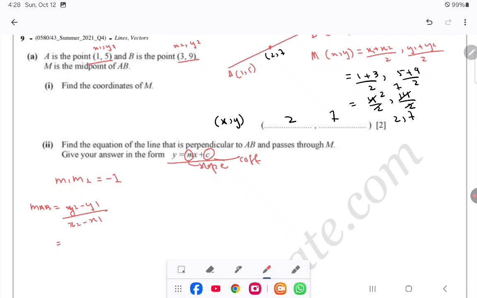Put the values: y2 is 9, y1 is 5, x2 is 3, x1 is 1. 4 over 2. 2 into 2 is 4. So the slope of AB is 2.